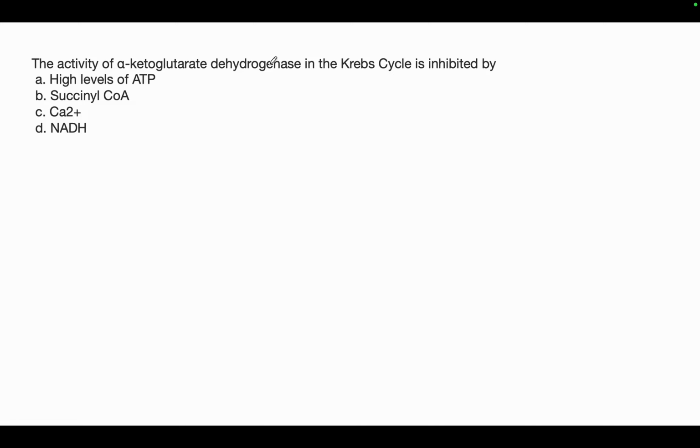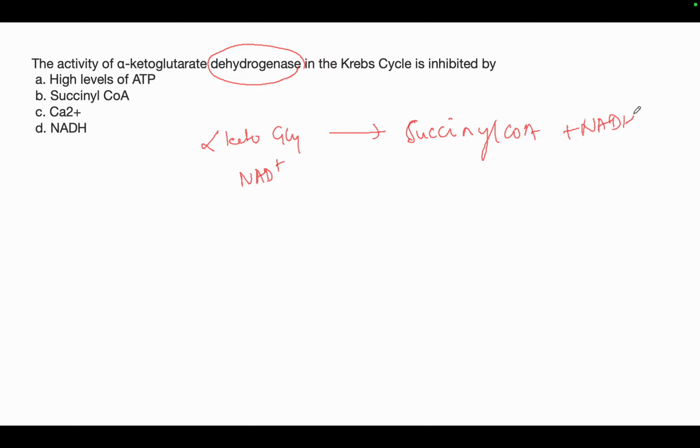Alpha ketoglutarate gets converted to succinyl CoA, right? And since it's a dehydrogenase, we also have NADH plus H plus, a proton, reducing power generated.